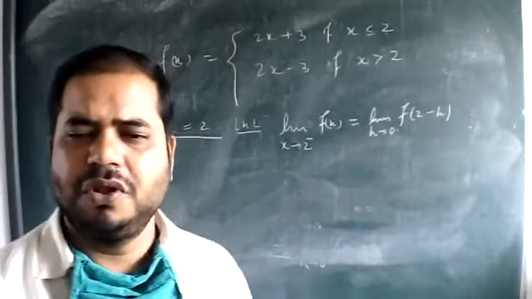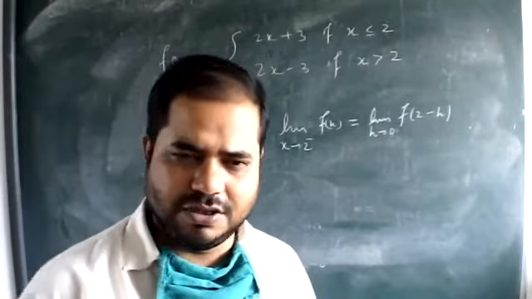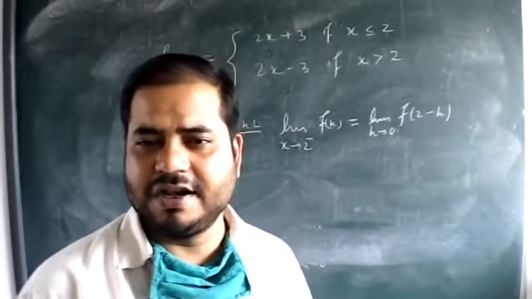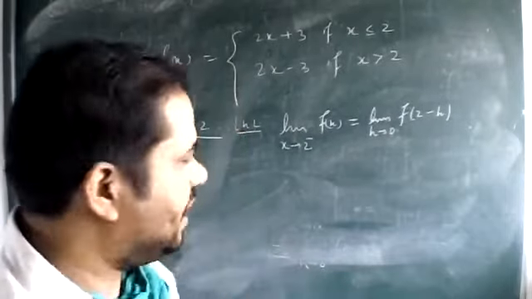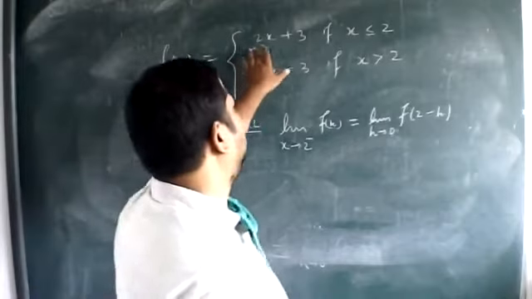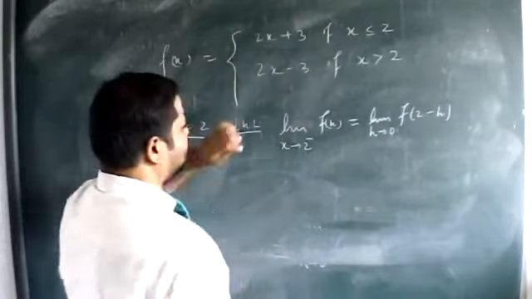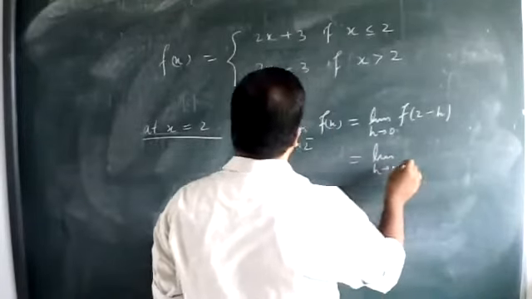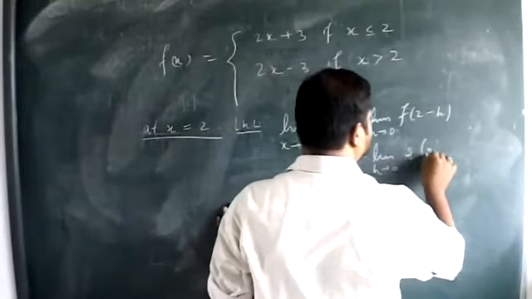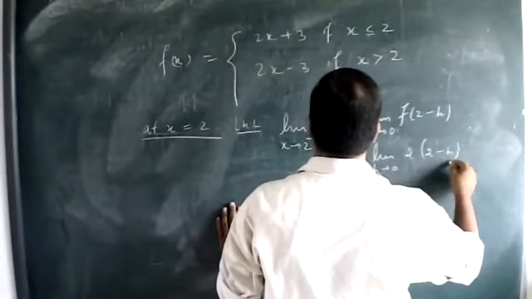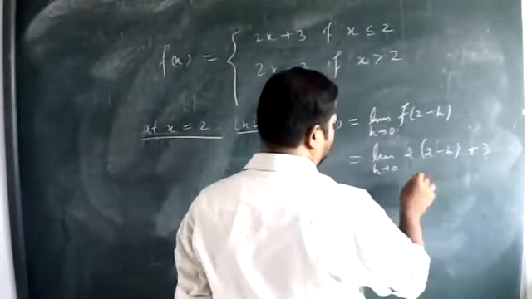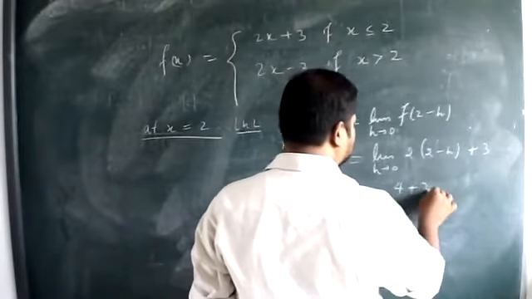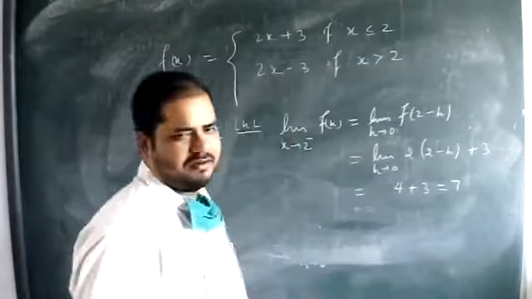As you know, h is a quantity greater than 0, so 2 minus h is a quantity less than 2. And for less than 2, the function is defined as 2x plus 3. This is limit h tends to 0 of 2 times (2 minus h) plus 3. If we put h equal to 0, this is 4 plus 3, which is 7.